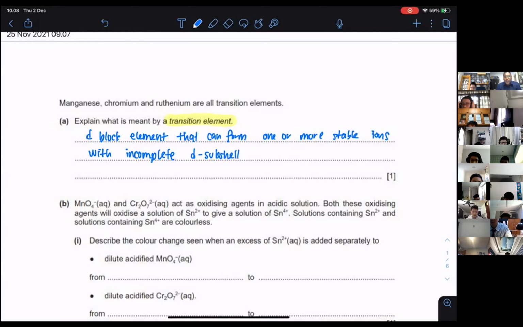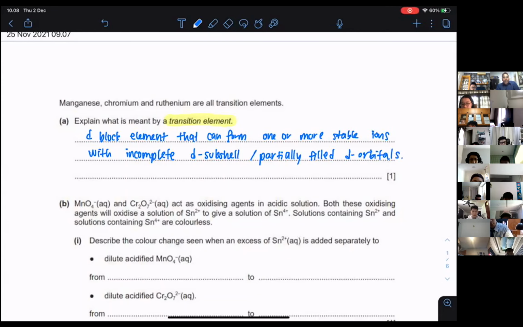If you want to write it in terms of orbitals, you can say partially filled D orbitals. You choose one.